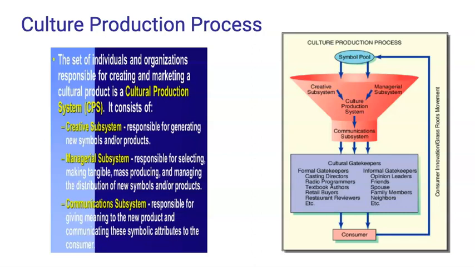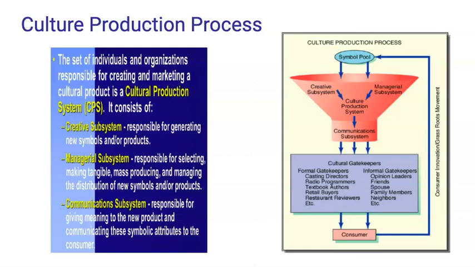How cultural items are produced. We can look at the cultural production process. And so this is where we have a cycle of, this process it just continues. It's cyclical. But individuals and organizations who are responsible for creating marketing are part of this cultural production system. So fashion, we can argue, is part of this cultural production system because we're creating new messages and new products within culture.